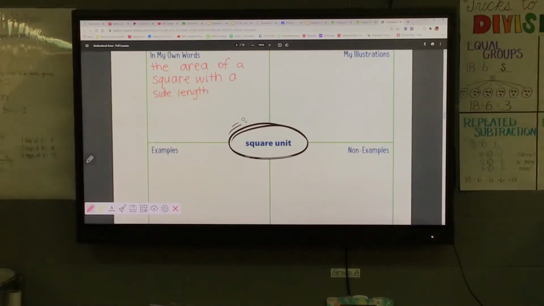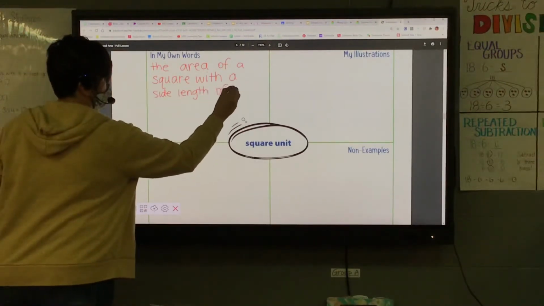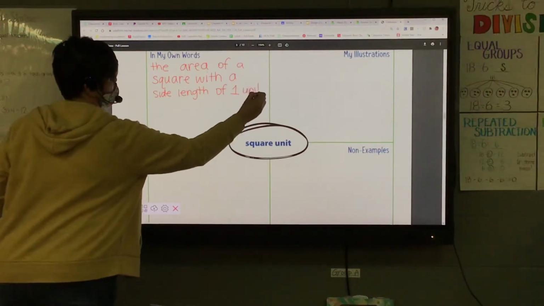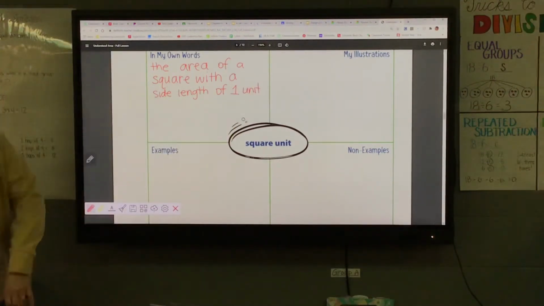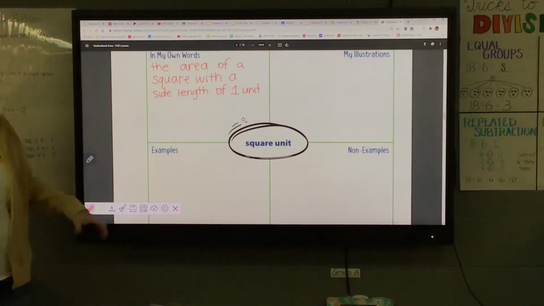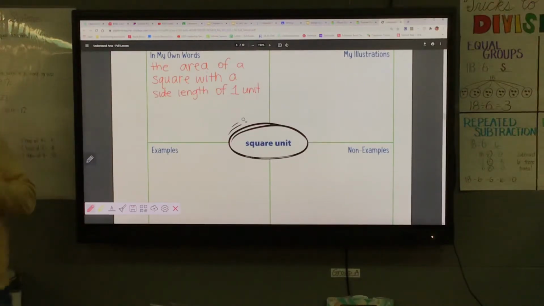So the area of a square with a side length of 1 unit, because it's not like 1 inch or 1 foot or 1 yard. We don't know what it is, so we're just calling it a unit, that one individual square.